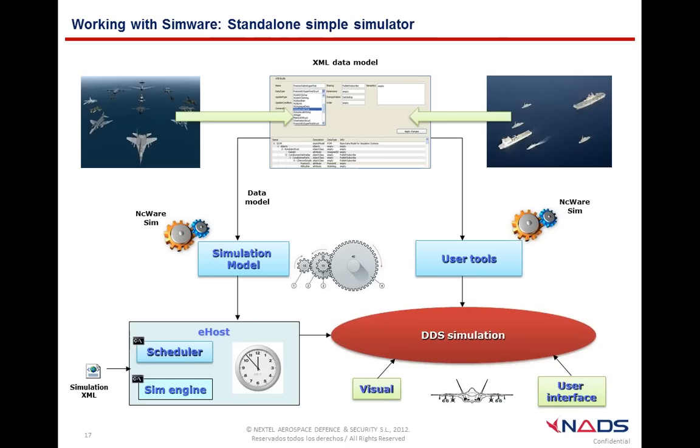Here you can wrap them with our API and with our library of data model, and then you can put that into our scheduler. So now you can command the simulation with the scheduler and the simulation engines.